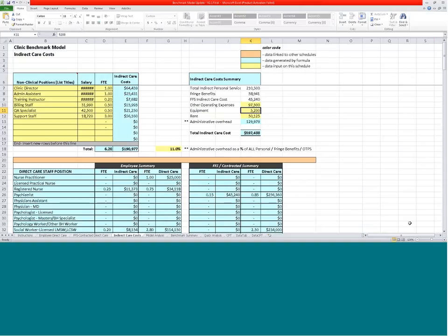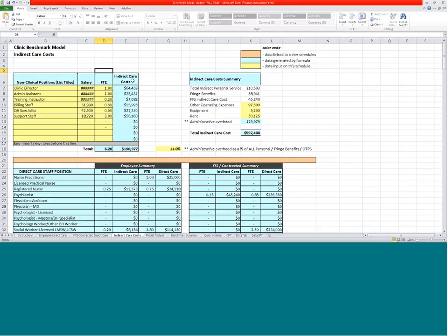So if you take a look at the people who work in the clinic, the examples we have here are the typical ones: the clinic director, the billing staff, any training, a QA specialist, and we put in the FTEs. You can see that we've got salaries, we've got FTEs, and of course that comes into your total indirect cost.